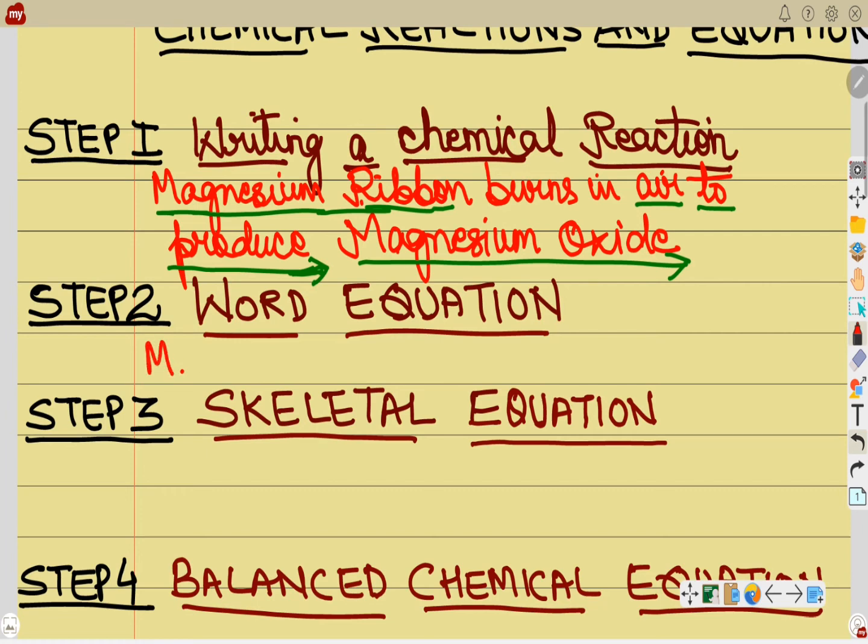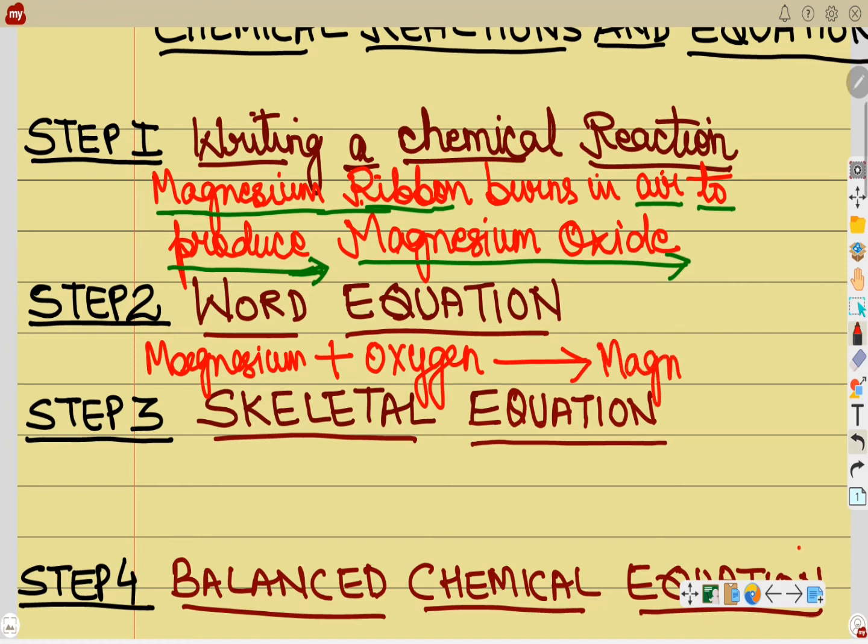On the reactant side, we will put magnesium. Burns in air means magnesium combines with which component of air? Oxygen. Magnesium plus oxygen. In place of to produce, we will put the arrow. What does it produce? It produces magnesium oxide.